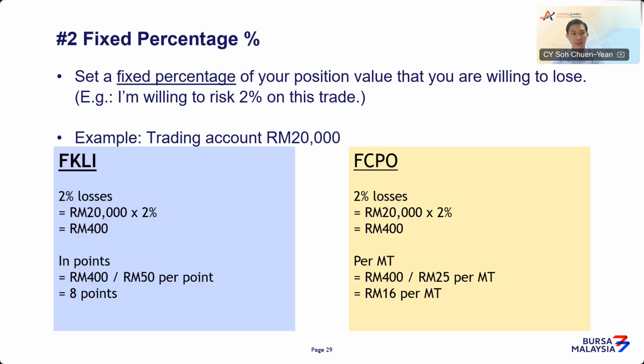So you can see fixed percentage is a two-step way. You need to convert your percentage into dollar form, and then from dollar form, you reverse calculate to see what price level you are going to exit your trade.